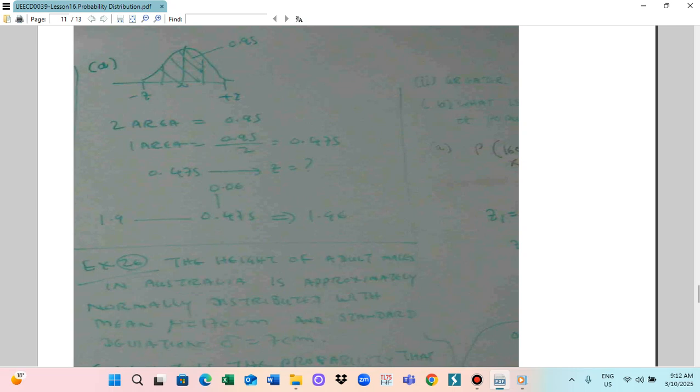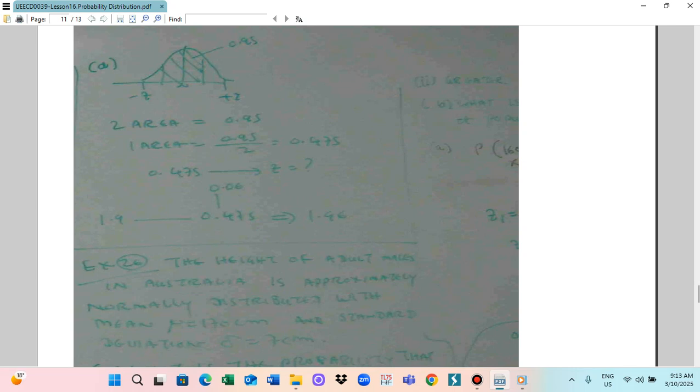But when you make the calculation, we only take the half area, we don't take the double area. So this 0.95 is divided by 2. The two areas equal 0.95, so one area is equal to 0.95 divided by 2, so 0.475.